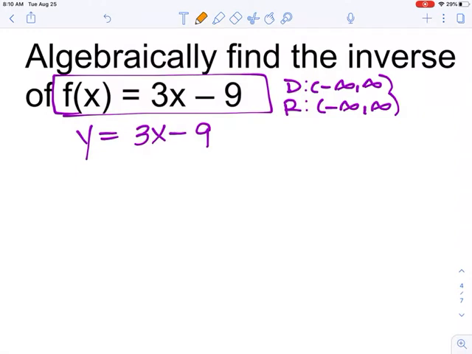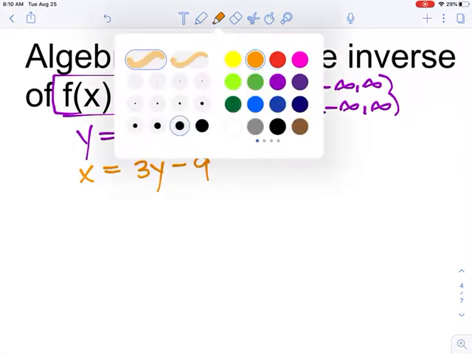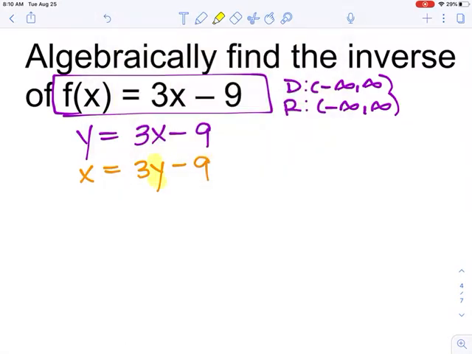Now, we know that f of x means the same thing as y. So in your preview assignment, if you recall back from Algebra 2 and what we talked about at the beginning of this lesson, we are talking about switching the x and y.